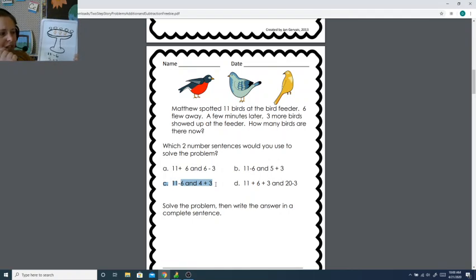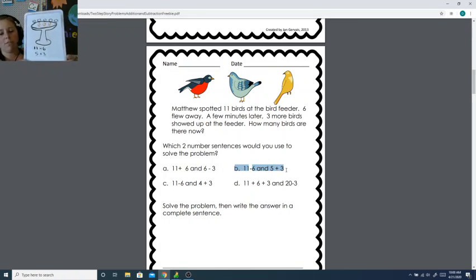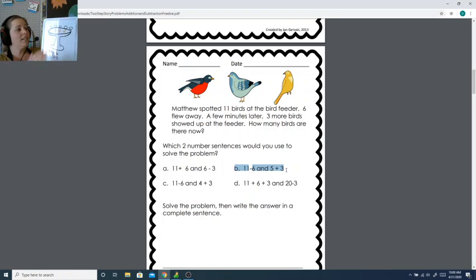Let's double check to make sure we had 5. 1, 2, 3, 4, 5. We did. So we know the correct answer is B. 11 minus 6 and 5 plus 3. See, that's where going back to double check your work helps, because one number off can change the whole answer. Okay, so make sure you know what you're doing.